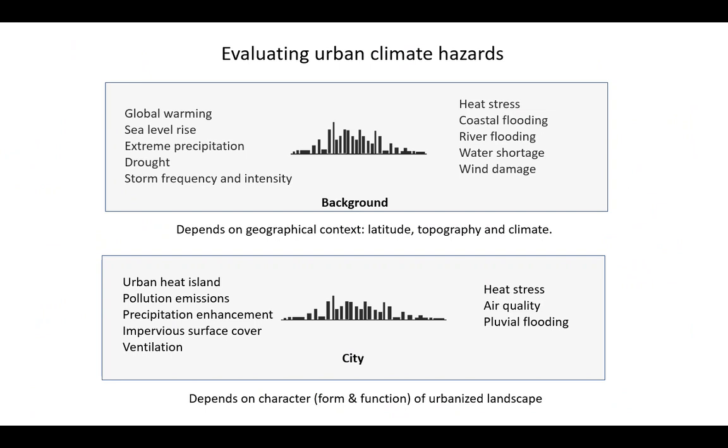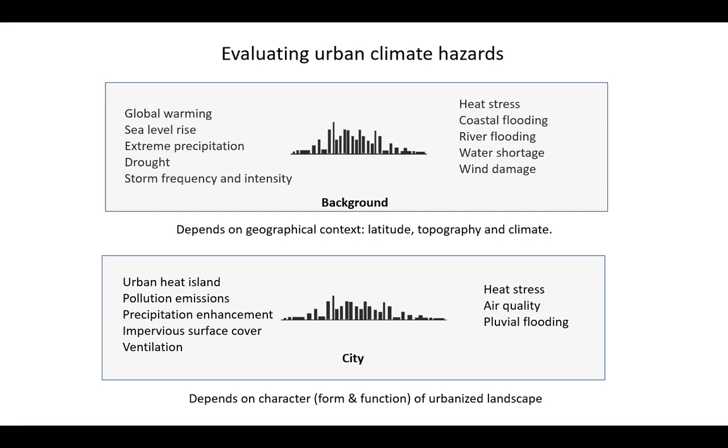We need background information including global warming, sea level rise, extreme precipitation, like the 95th percentile of daily precipitation, and storm frequency, which result in heat streaks, coastal flooding, river flooding, drought, and wind.